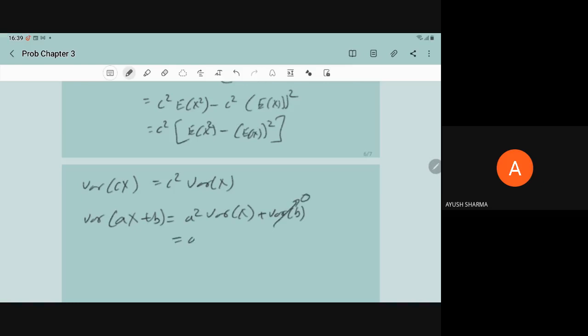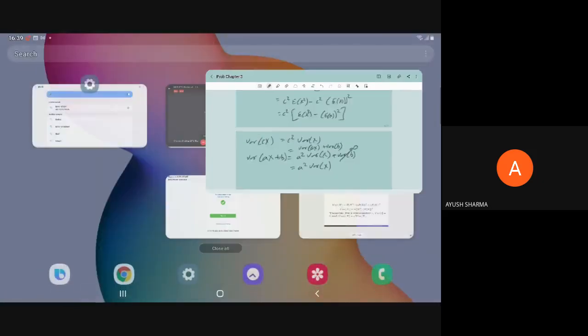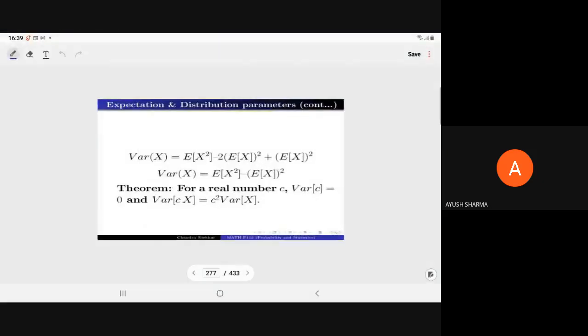So it is equal to only a square variance of x, or before that you can add one more step, variance of ax plus variance of b, right?